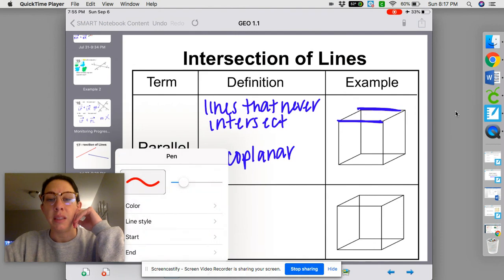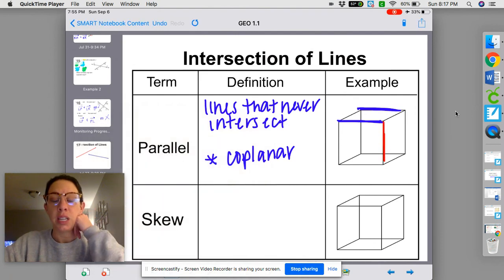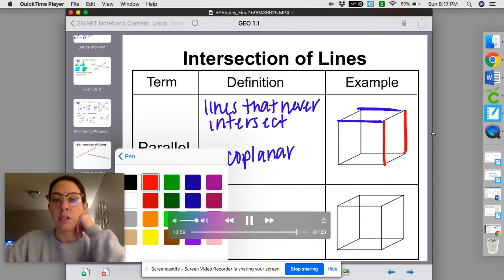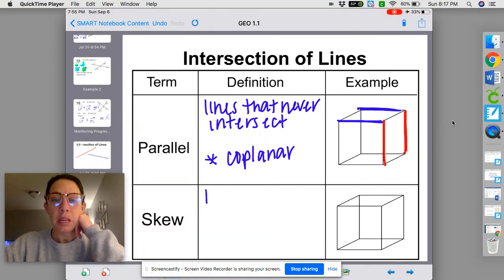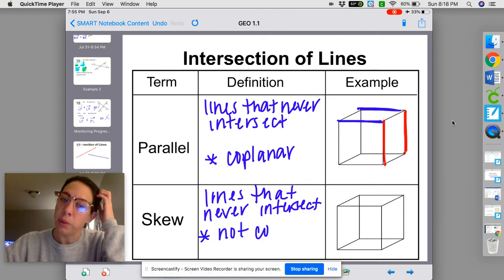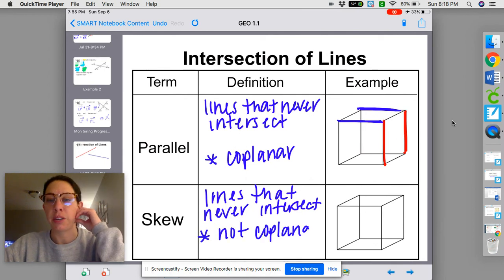So again, the cube is easier for explaining skew lines. Skew lines also never intersect, but they are not coplanar. So we have another case where we could have lines that don't intersect, but they're actually not parallel. And I'll show you on the cube kind of what I mean by that, because it's kind of hard to picture without it.